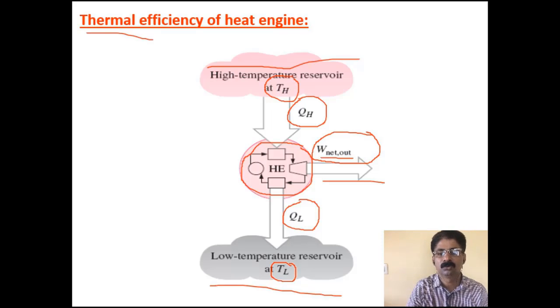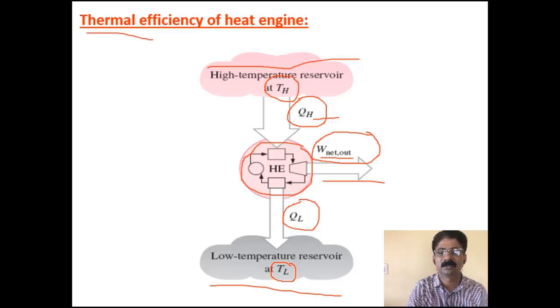In order to deliver this output, it has to absorb some heat from the high temperature reservoir, which is QH, the required input. So the ratio of desired output by required input is the efficiency, or W net out by QH is the efficiency.